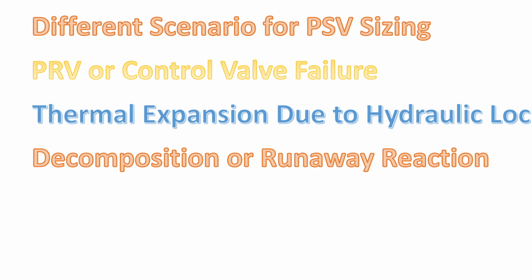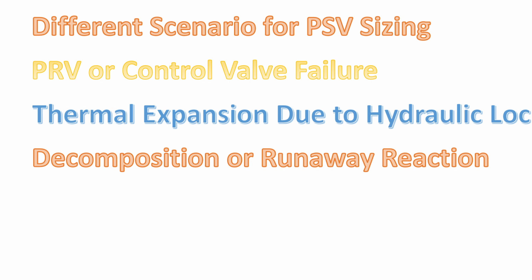And I would like to give some examples of runaway reactions like polymerization, nitration, hydrogenation, halogenation, sulfonation. These are the few types of reaction which most probably fall under this runaway scenario.